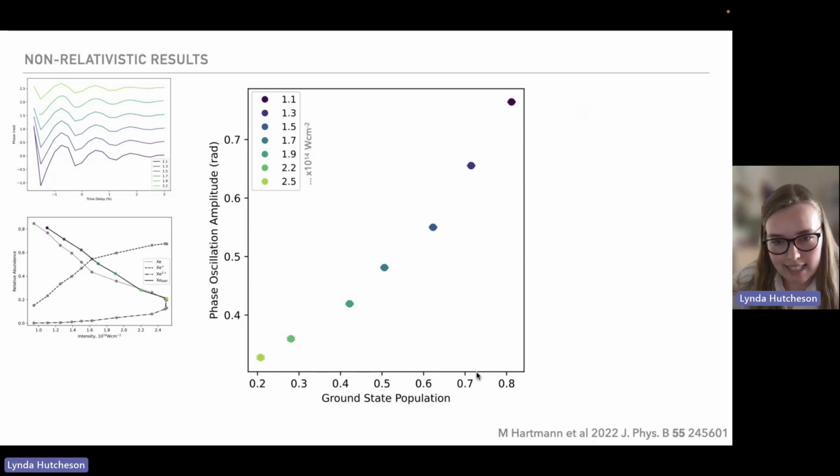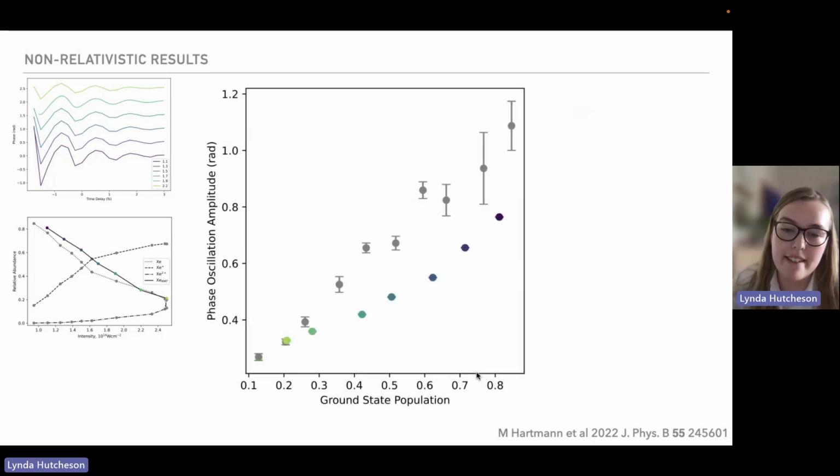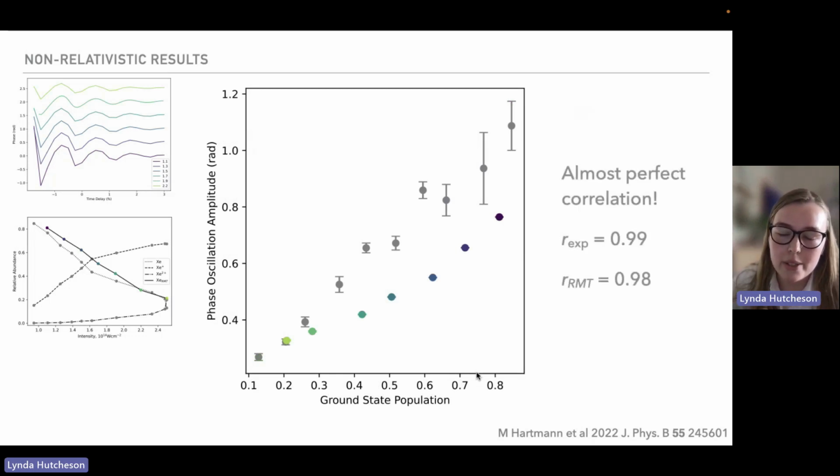And doing the exact same thing then for experiment, we get really nice agreement between the two. And actually the Pearson correlation coefficient is almost perfect. There's almost perfect correlation between the ground state population and the phase oscillation amplitude.